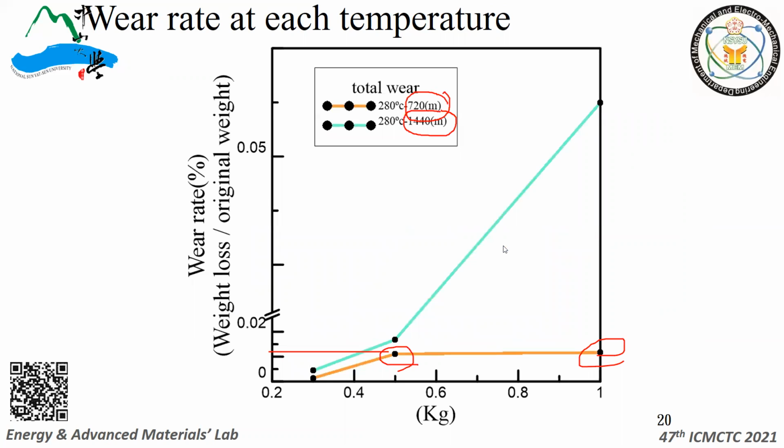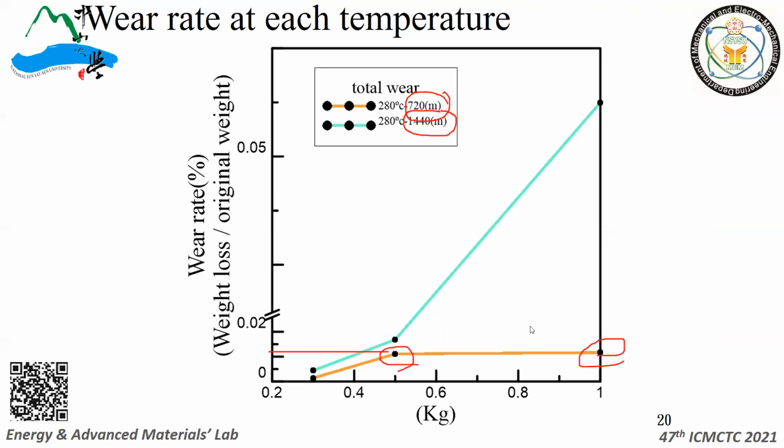And then we modified the normal force and compared two different wearing distances, one is 720 and the other one is 1440. So if the wearing distance is 720 meters, the normal force is independent.